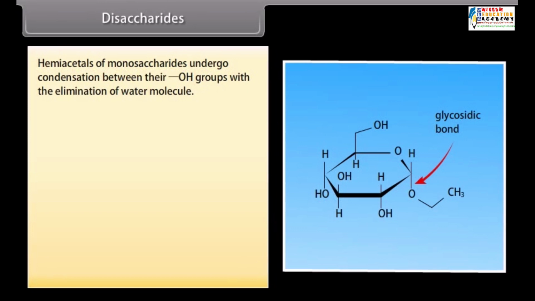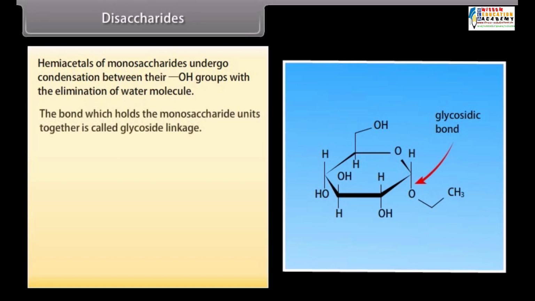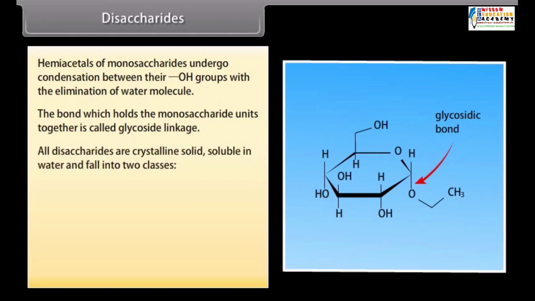Hemiacetals of monosaccharides undergo condensation between their OH groups with the elimination of a water molecule. The bond which holds the monosaccharide units together is called glycosidic linkage. All disaccharides are crystalline solids, soluble in water, and fall into 2 classes.